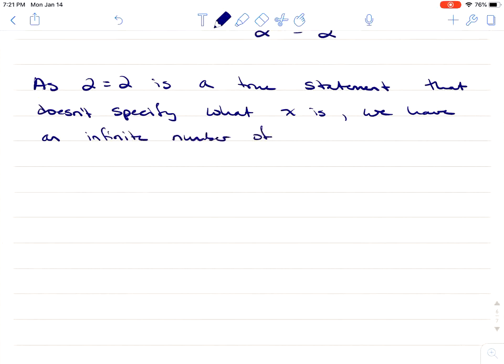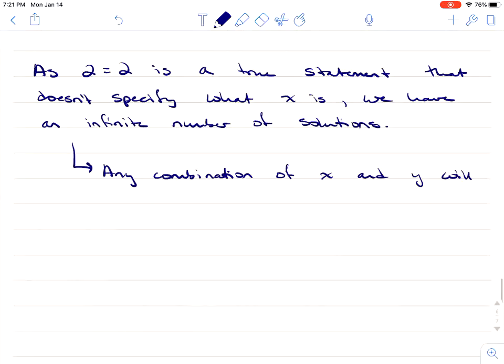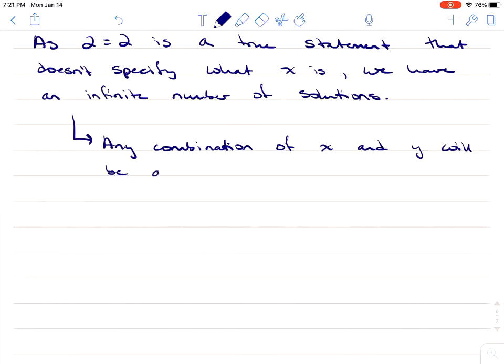Any combination of x and y will be a solution.